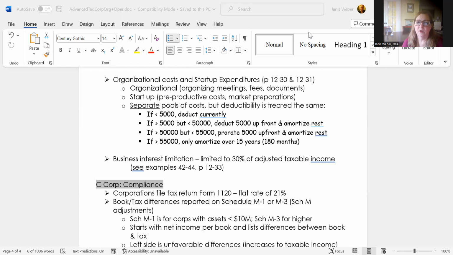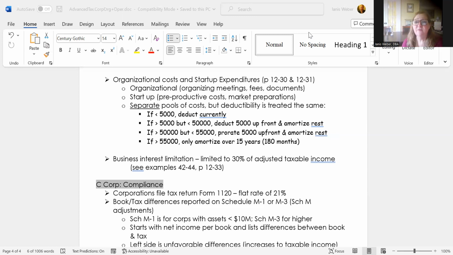Those startup costs and organizational costs are both subject to the same limitations, but they're two different sets of costs. You use the same rules to decide how much to deduct, but they're not the same and you don't pool them together at all. If either of these separate pools costs less than $5,000, then you can deduct it all currently.